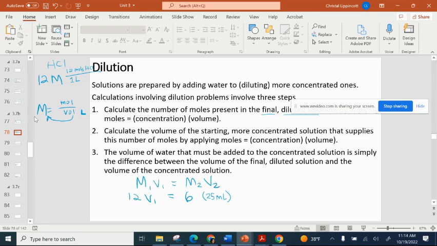So I'm going to multiply these two together, 6 times 25, which is 150, and then divide by 12. So I would need 12.5 milliliters of 12 molar HCl.